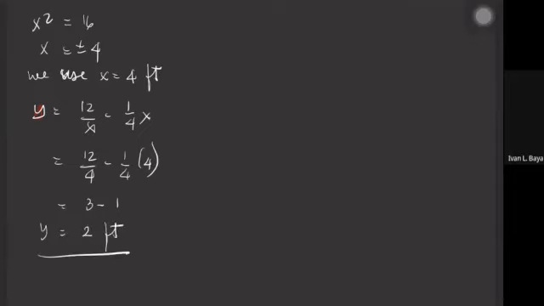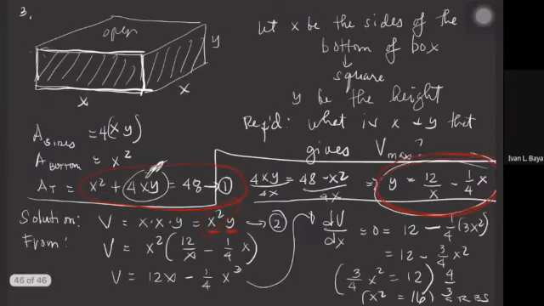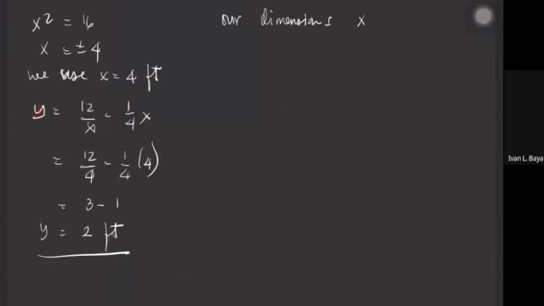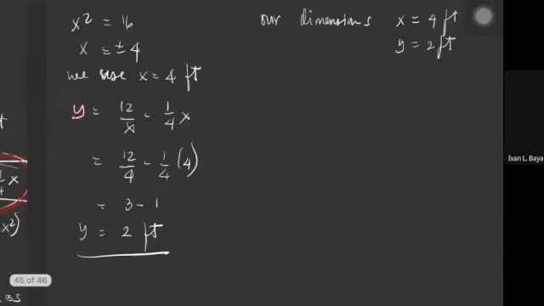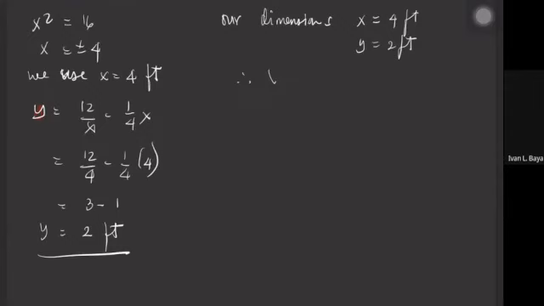Okay, so the dimensions for this particular box are x equals 4 and y equals 2 feet, which gives us maximum volume. Therefore, volume max is x squared times y in this case.